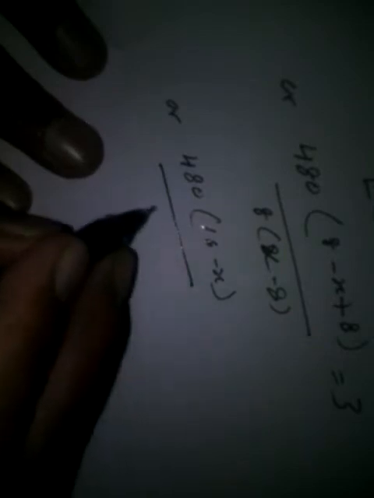Or this is 480, 8 plus 8, 16, 16 minus x, divided by 8 into x minus 8 is equal to 3.